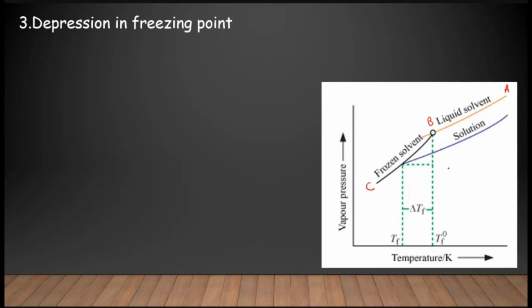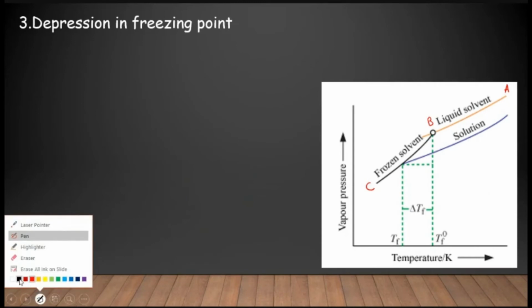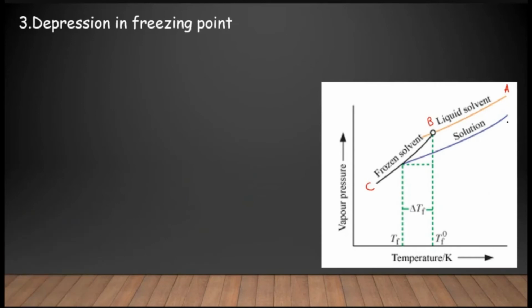From B to C, and this is D, and this is E. So this is the plot of vapor pressure versus temperature. The depression in the freezing point may be explained on the basis of this plot.